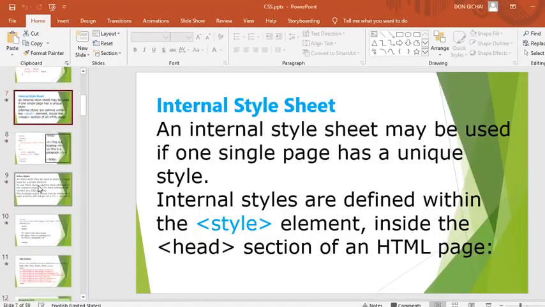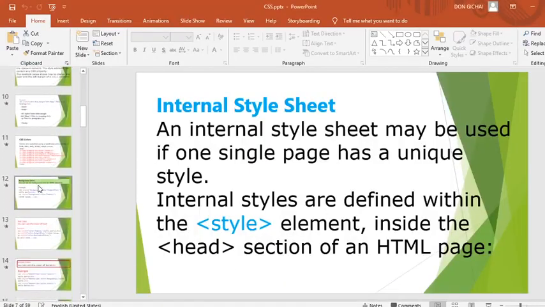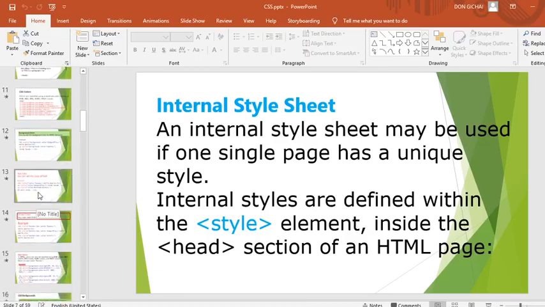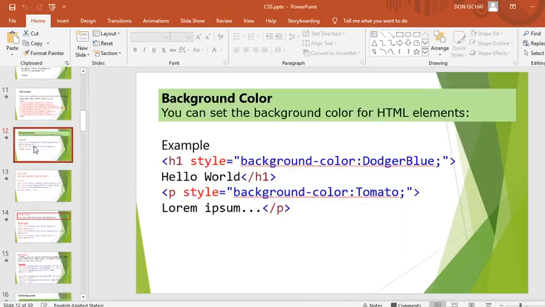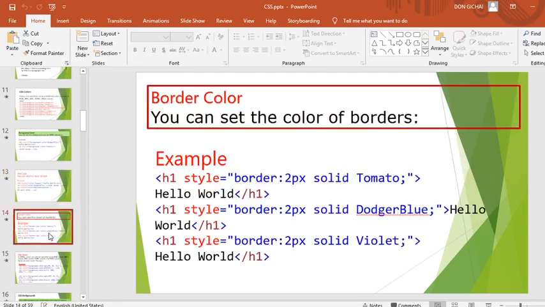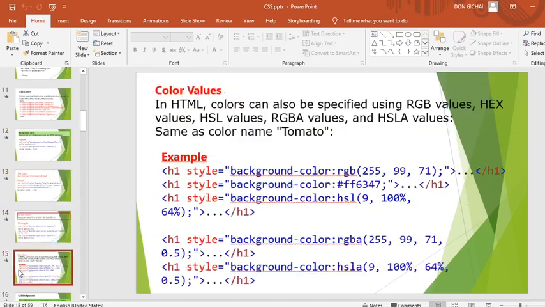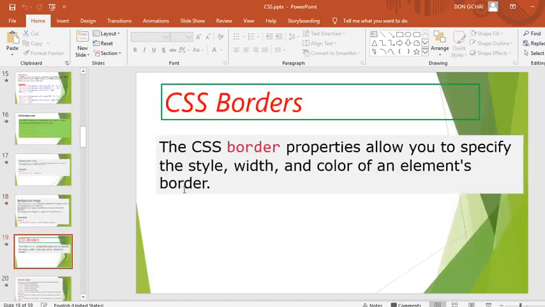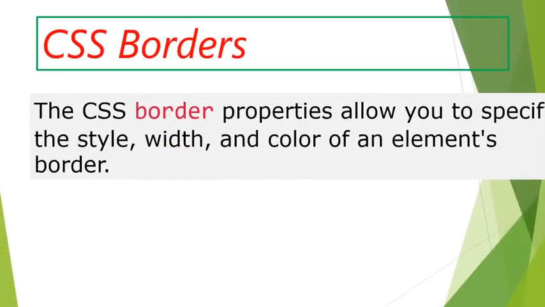Then we can proceed and look at the next point. We are done with the color, text color. We are done with the border color. We have looked at this. Therefore, we can just go ahead to slide number 19 and look at the CSS borders.